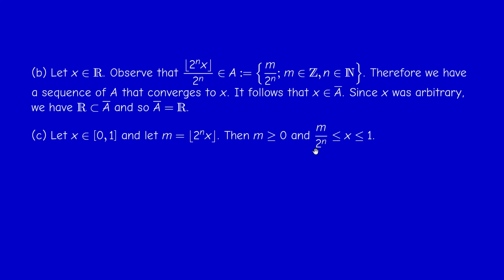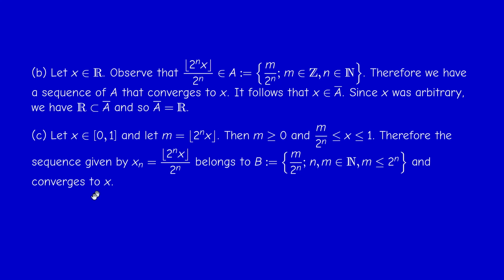So when I divide by 2^n, I get M over 2^n less than or equal to x, because M is the floor function of 2^n x. But x is less than 1, so M over 2^n is less than 1. So the sequence M over 2^n belongs to the set B and converges to x by question a. So once again, x belongs to B bar, and so B bar is equal to [0,1].